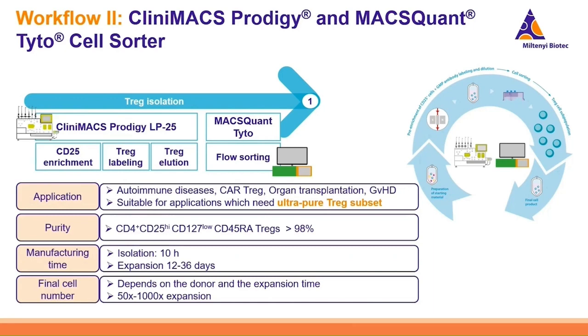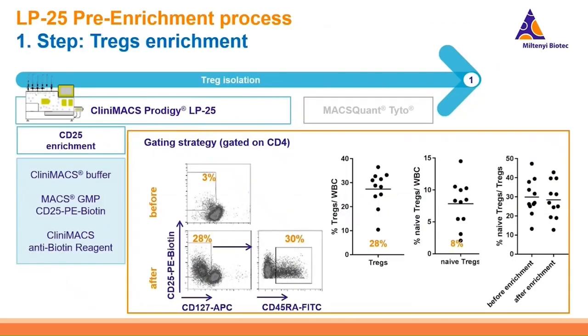So let's have a closer look at that. So here we can see that the naive Tregs are actually a really tiny population of the white blood cells. And when we look at the gating strategy, we see that with starting of the cellular product, there's only 3% of target cells. And after the enrichment on the CliniMACS Prodigy, we end up with 30% of Tregs.